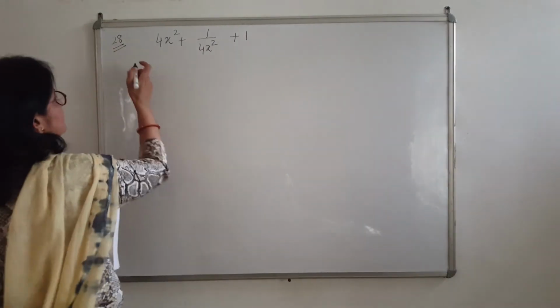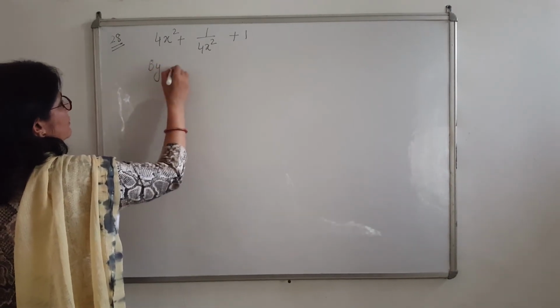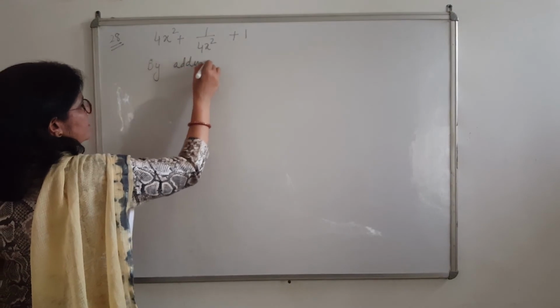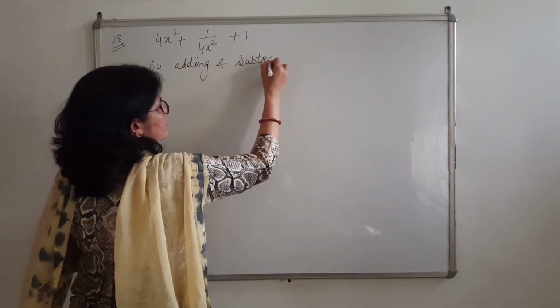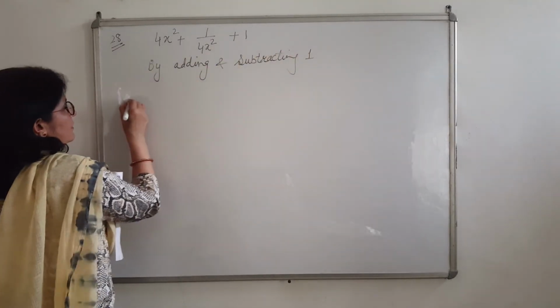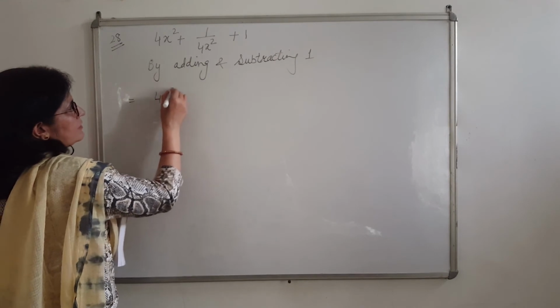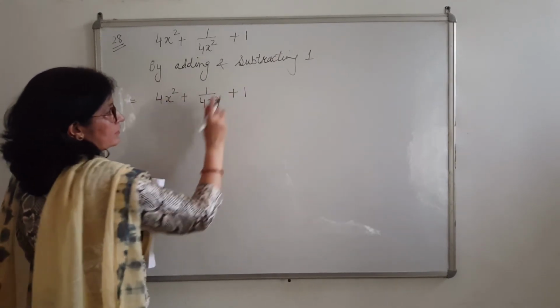So by adding and subtracting 1, we get 4x square plus 1 upon 4x square plus 1. This is given.